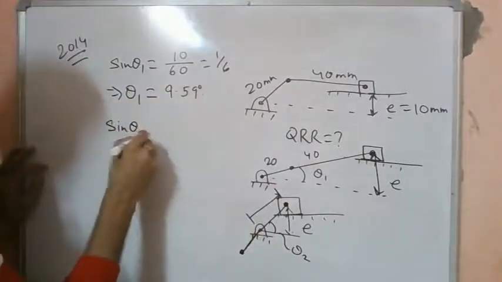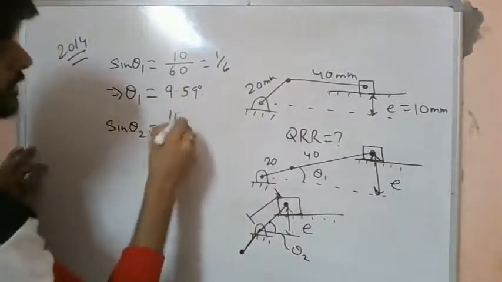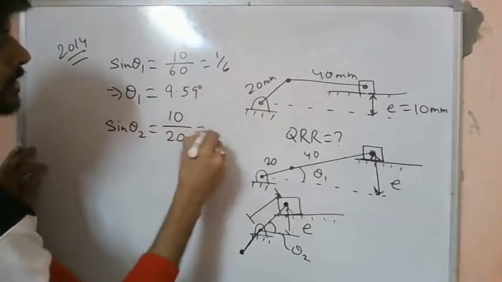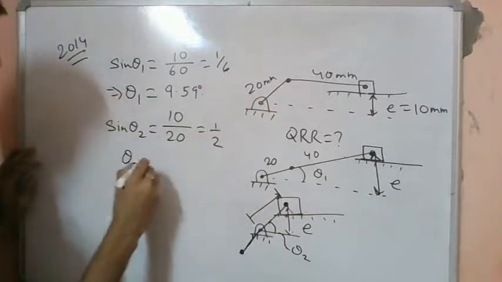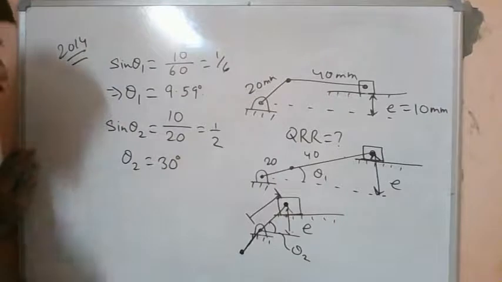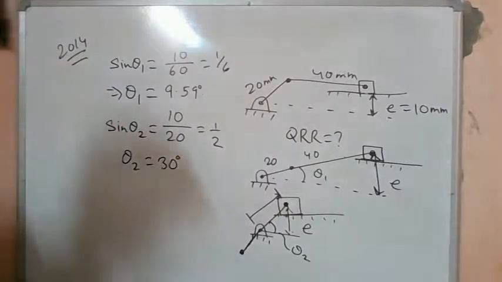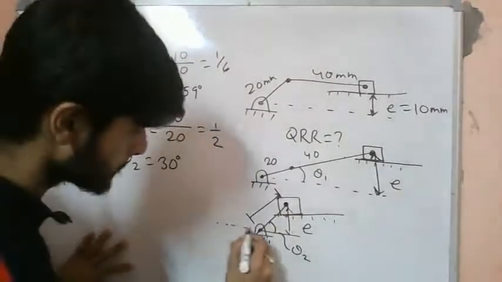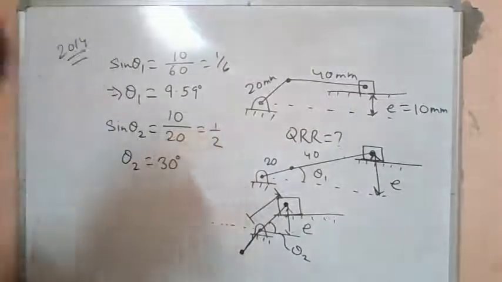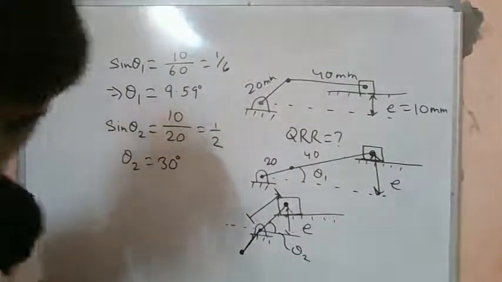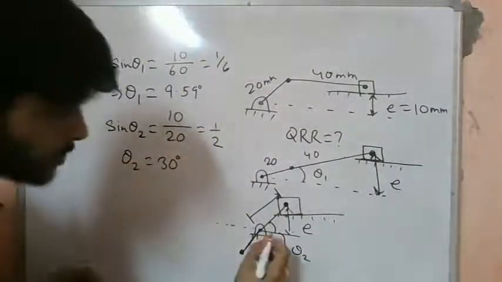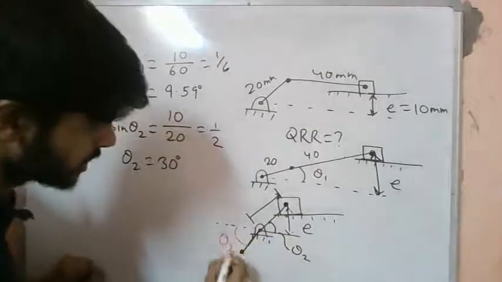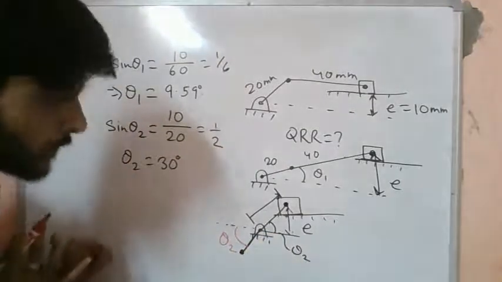Sine theta 2 is equal to 10 by 20, which is half, so theta 2 equals 30 degrees. So now we know the extremities of this problem. If this is theta 2, then this is also theta 2, a vertically opposite angle.